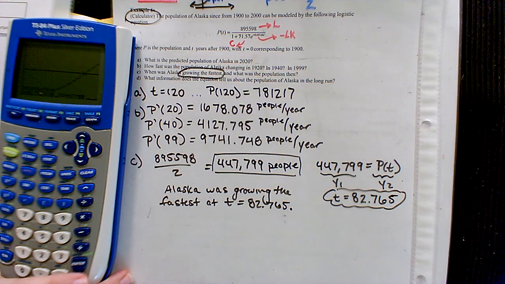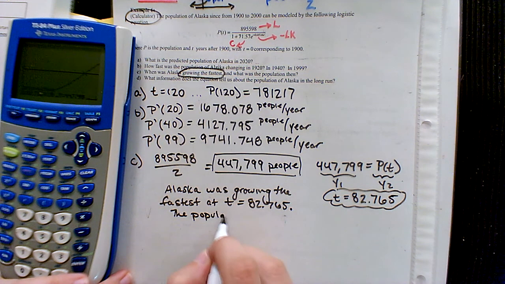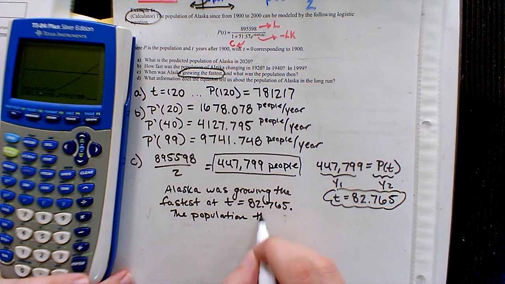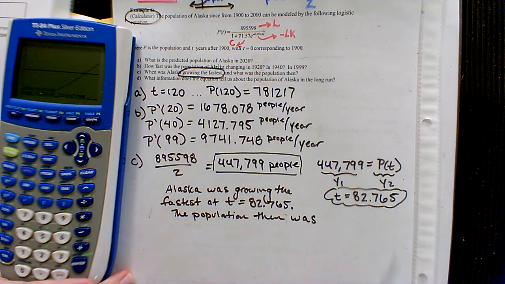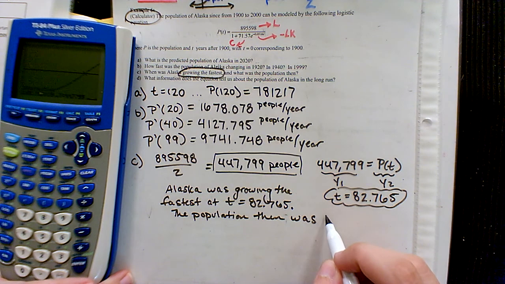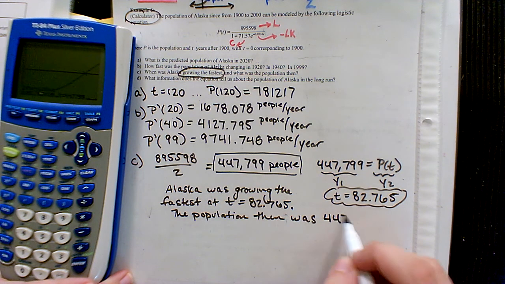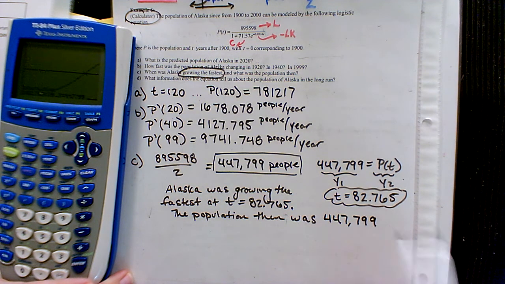And what was the population then? What do you think, Caitlin? It was the 447. Mm-hmm. Good.